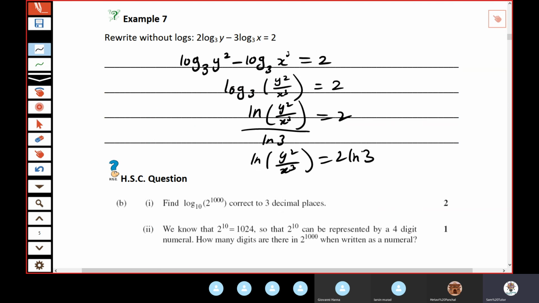2 goes on the top. And now you exponentiate, and these will cancel out. So you just get y squared on x cubed equals 9. There you go. You're able to write it out without any logs.